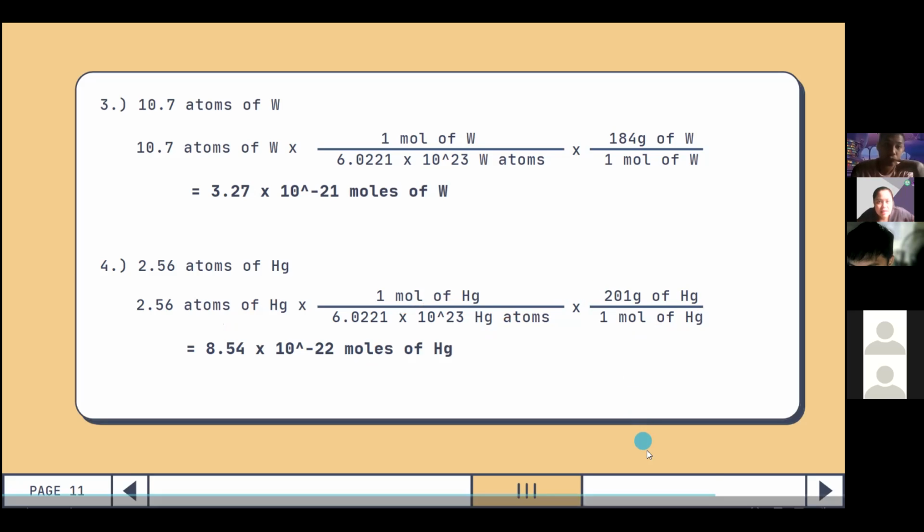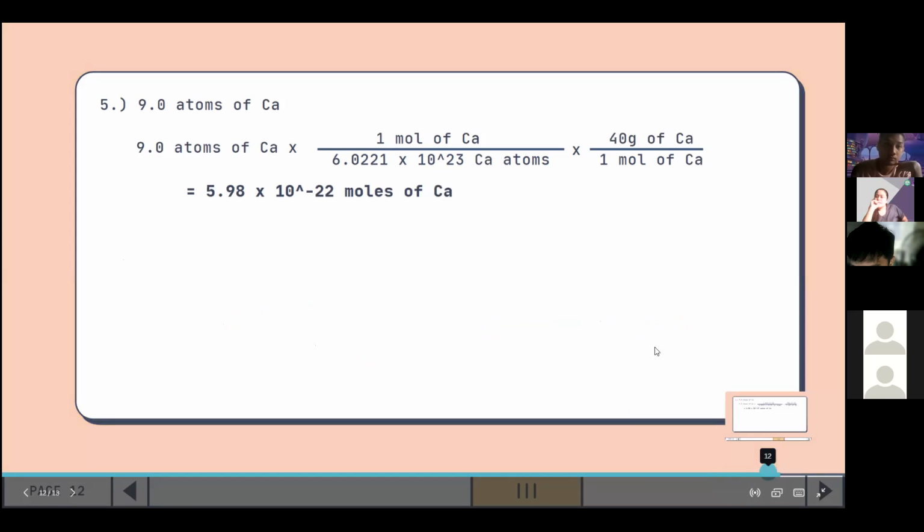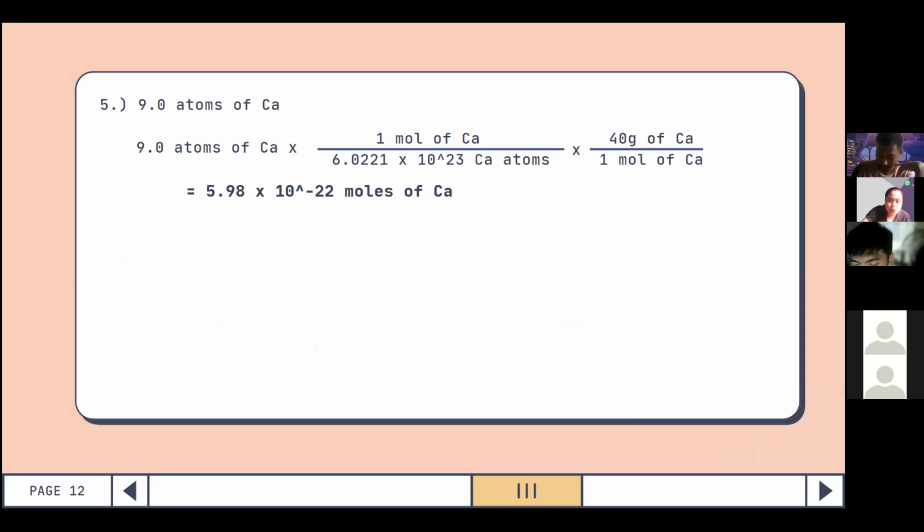And then lastly, we have 9 atoms of calcium. So 9 times atomic weight of calcium is 40. So 9 times 40 divided by 6.0221 times 10 raised to the power of 23 is 5.98 times 10 raised to the power of negative 22.